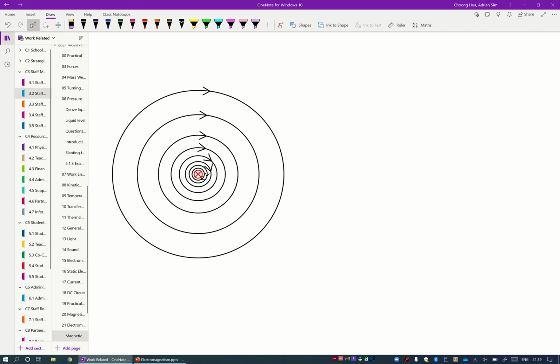Now, using the right-hand grip rule, you point the thumb into the plane, and the four fingers wrap around the thumb, following the direction of the magnetic field. So in this case, we say the direction of the magnetic field is clockwise.